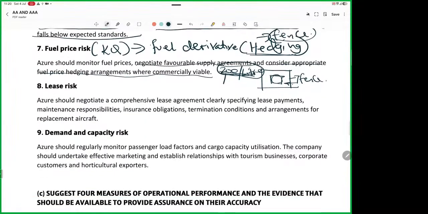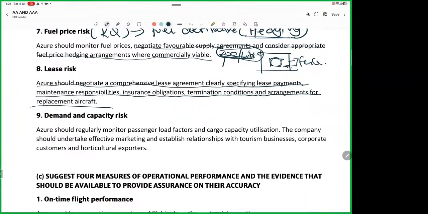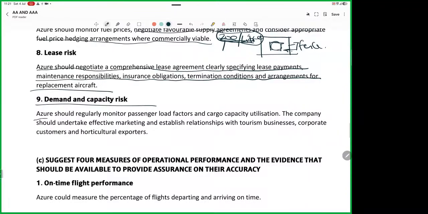Lease risk. AZUA should negotiate a comprehensive lease agreement, clearly specifying lease payments, maintenance responsibilities, insurance obligations, termination conditions, and arrangements for replacement aircraft. Demand and capacity. AZUA should regularly monitor passenger load factors and cargo capacity utilization.